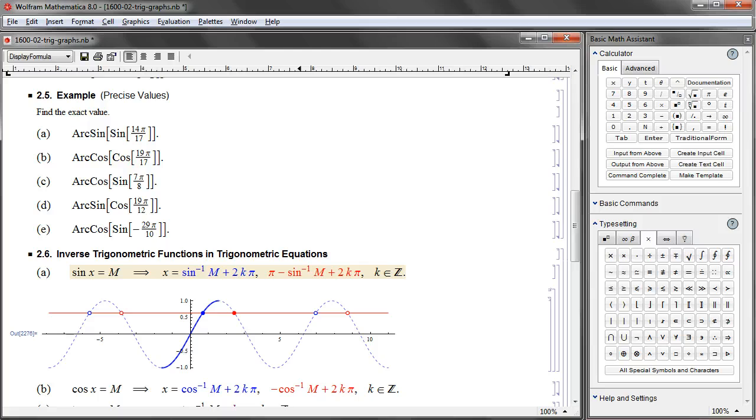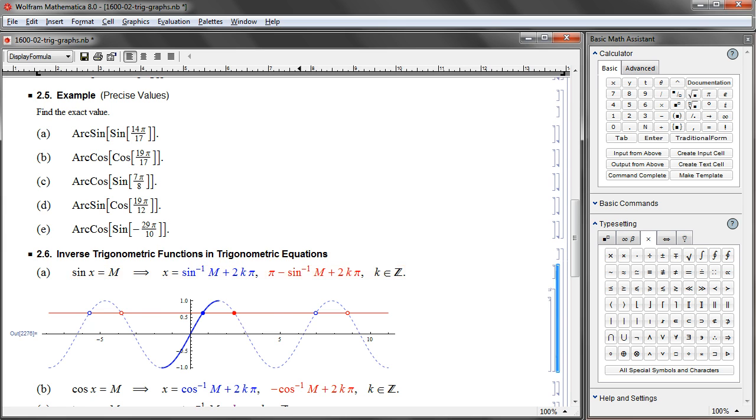The solid blue came from the arcsine computation, and the solid red came from pi minus that. So simply calculating the arcsine is not enough. You're only going to get these blue solutions.